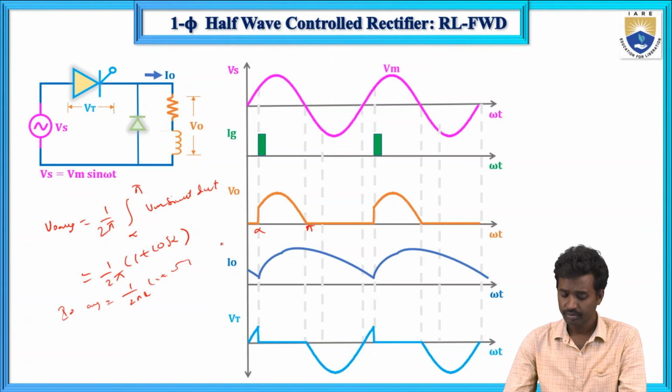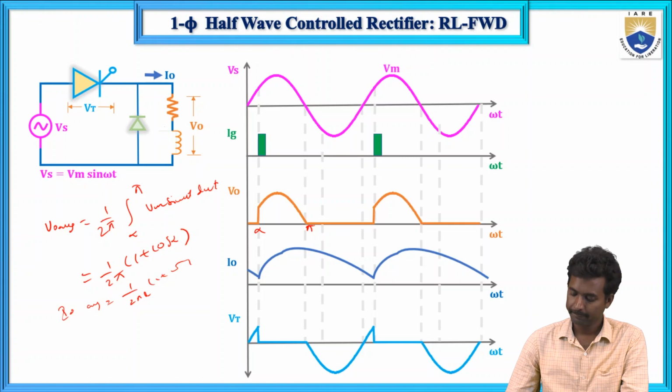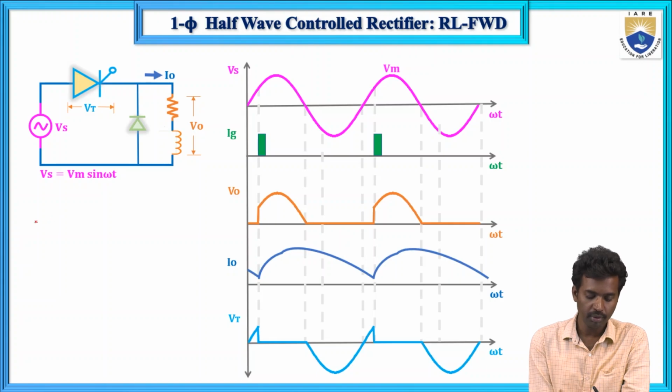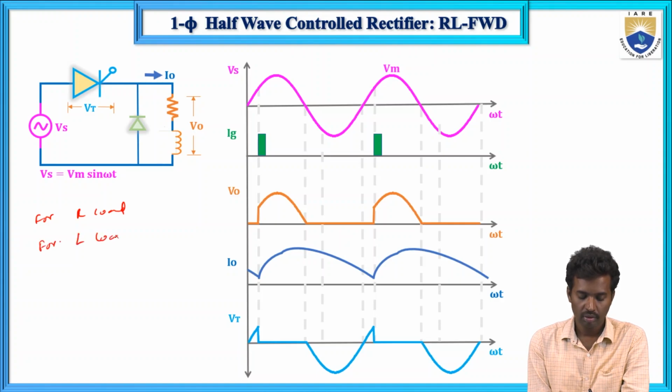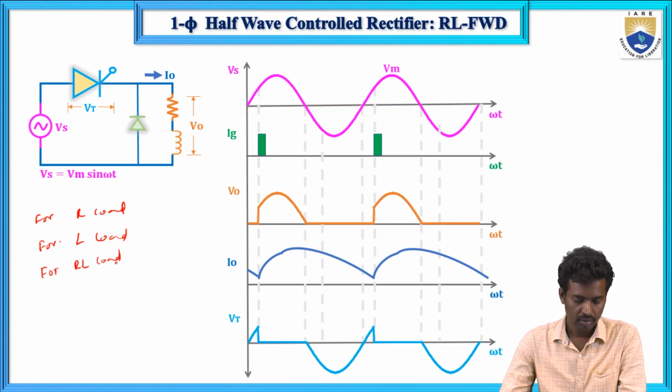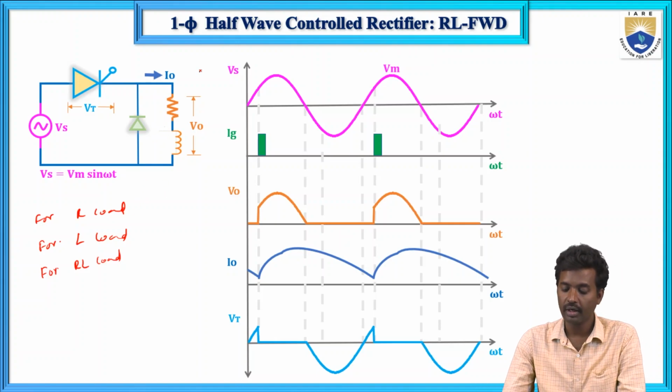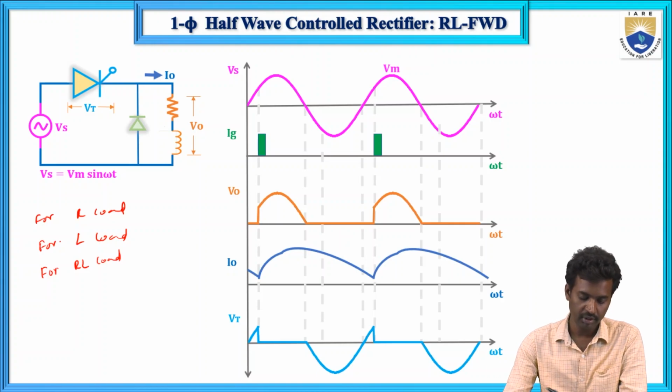Another thing is the conduction angle. What about the conduction angle for R load, for L load, and for RL load? So in case of RL load, the conduction angles are different, which we will see.